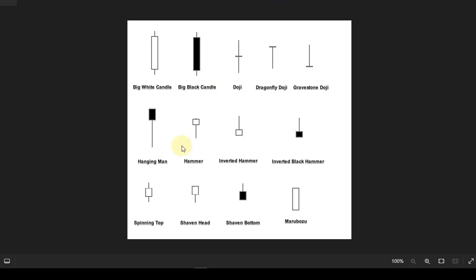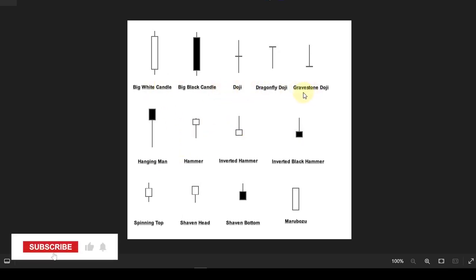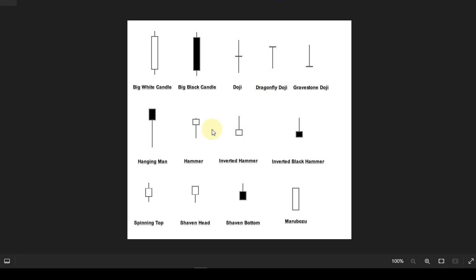But I want to tell you something. Based on these names, and based on who I am and the way I understand my trading style, the name does not matter to me, because the message of the candlestick does not lie in the name, it lies in the body. I can see a candle without even remembering the name.